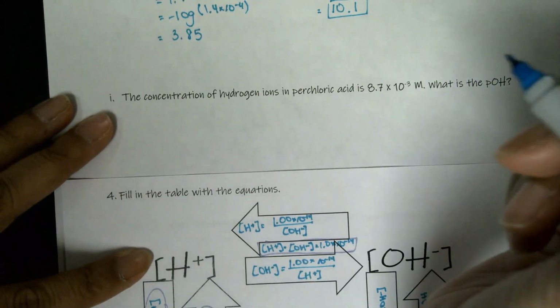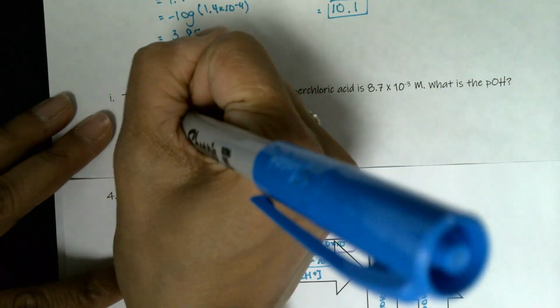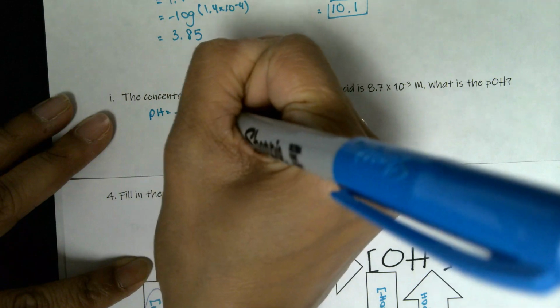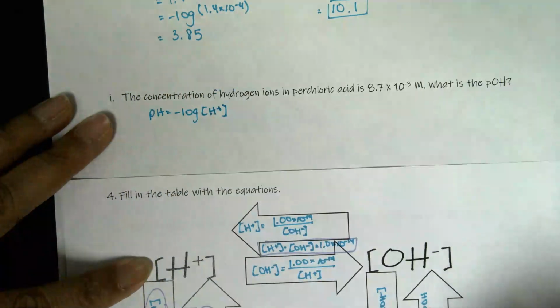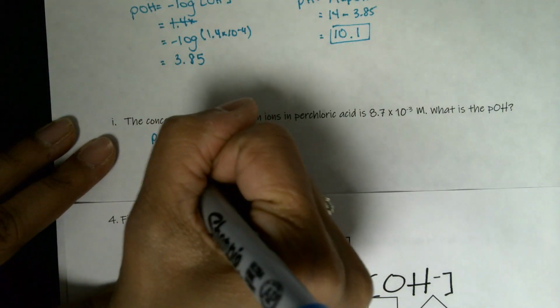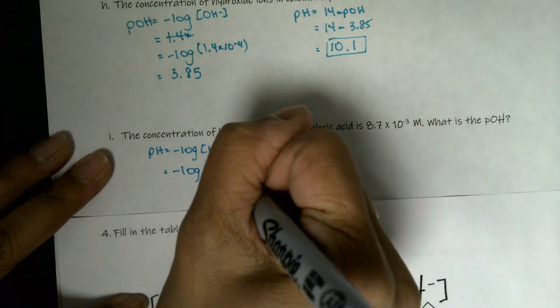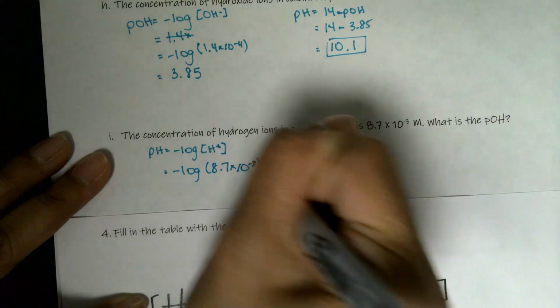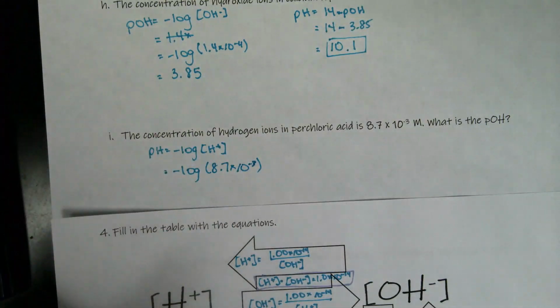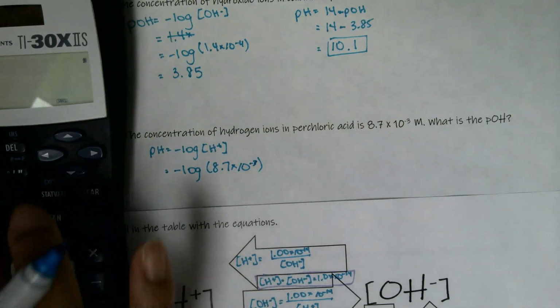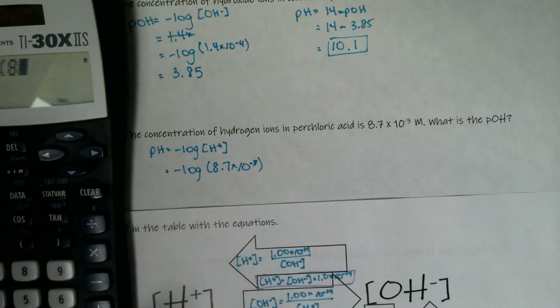My pH is equal to the negative log of my H plus concentration, so this is the negative log of 8.7 times 10 to the negative 3.